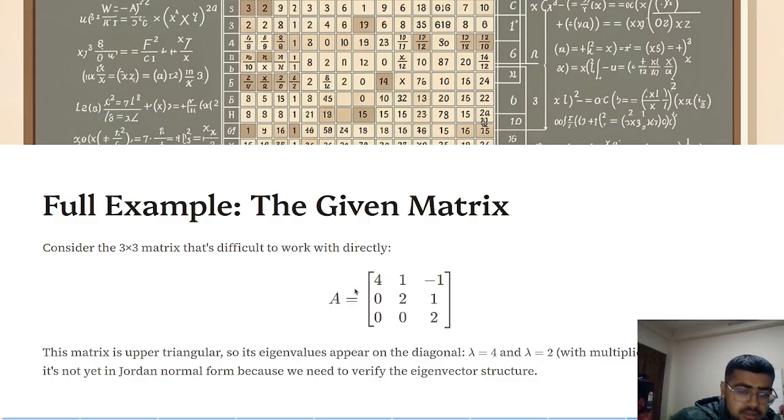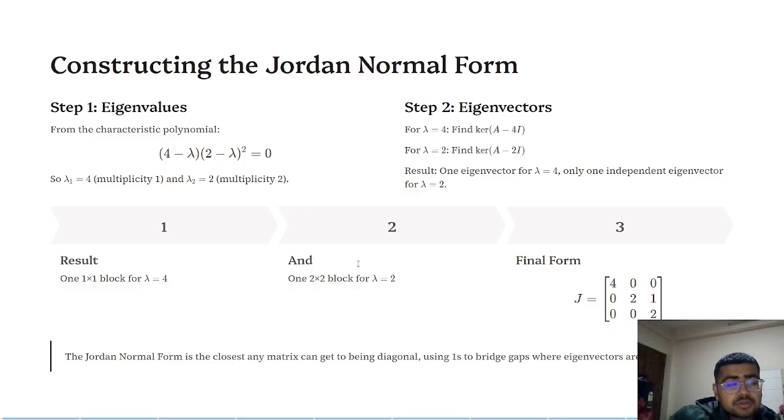So let's consider a matrix. Here's a matrix: 4 1 minus 1, 0 2 1, 0 0 2. You can see this matrix is not in the diagonalized form, and to get the best form you go through the Jordan normal form. So as per the rule, you find eigenvalues and eigenvectors. So the eigenvalues come as 4, 2, 2. On the left hand side in step 1 you can see the eigenvalues have been calculated, the equation that came is 4 minus lambda times 2 minus lambda squared equals 0.